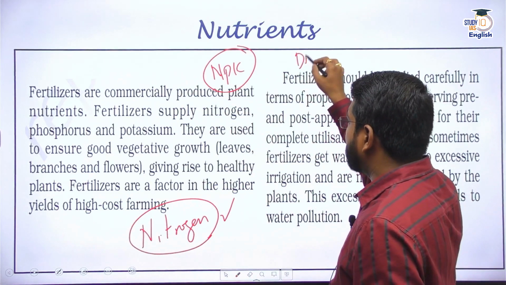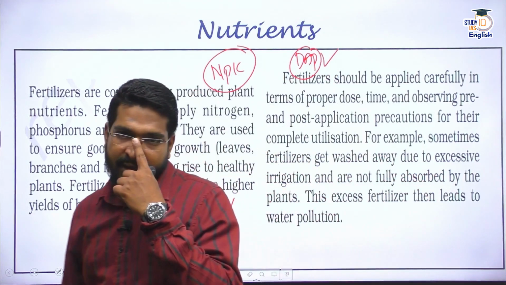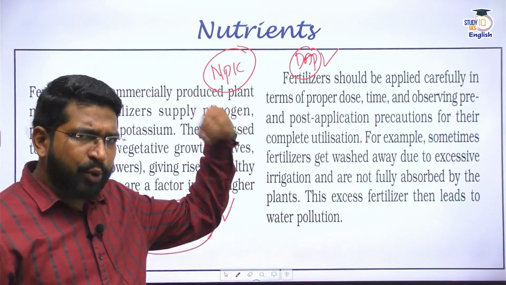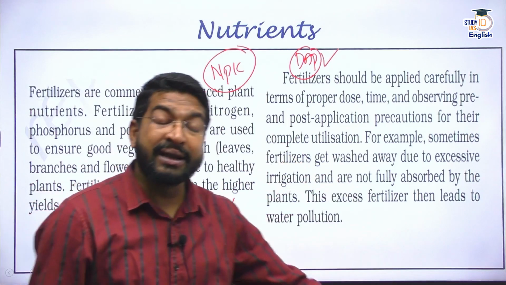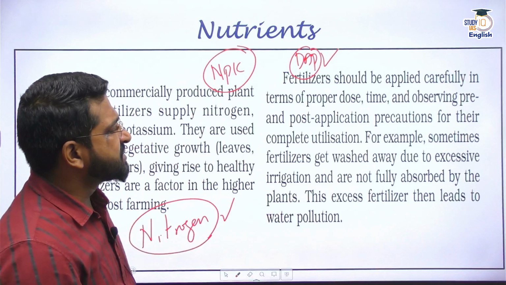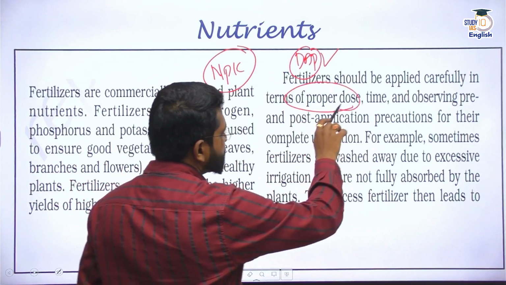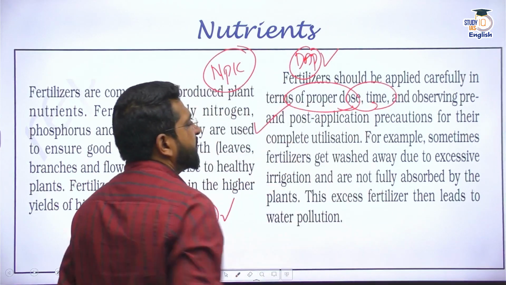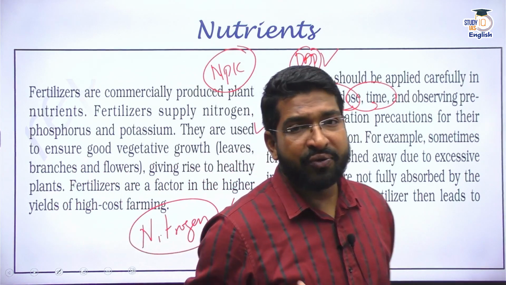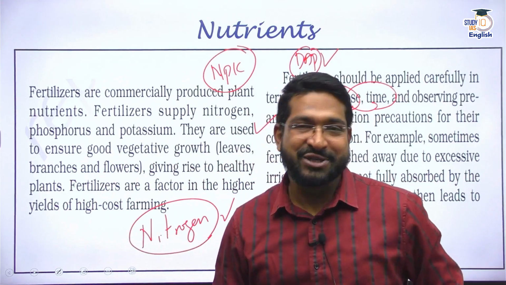We also have diammonium phosphate, DAP, and other complexes. But many a times, because of this indiscriminate use of fertilizers, we have seen some problems as well, leading to soil degradation, leading to nitrification of soil. But nonetheless, we can say that fertilizers, if applied in proper dose and at a proper time, give a lot of benefits in terms of improved food productivity, improved production.